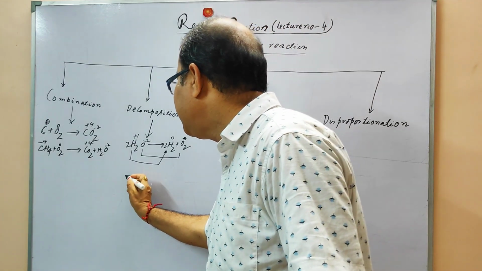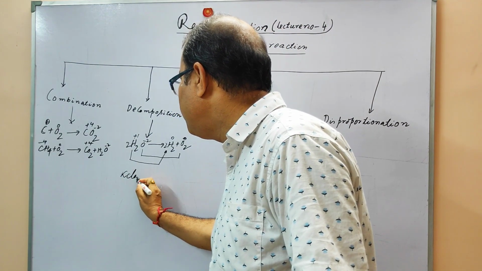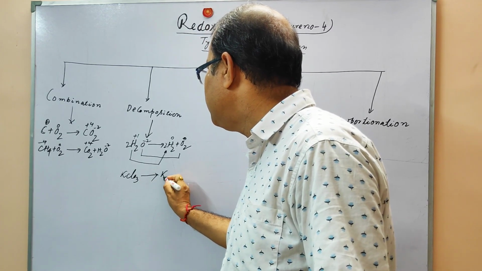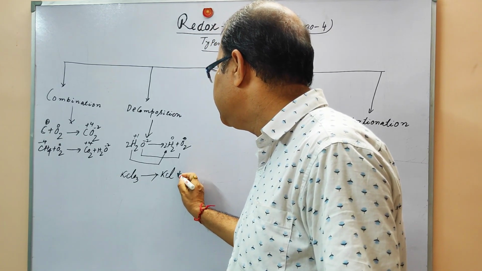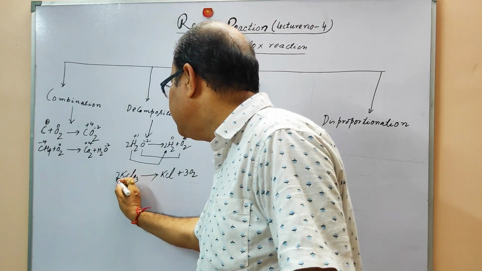Another example that we can cite is KClO3 decomposing into KCl and 3O2, and it will be balanced.